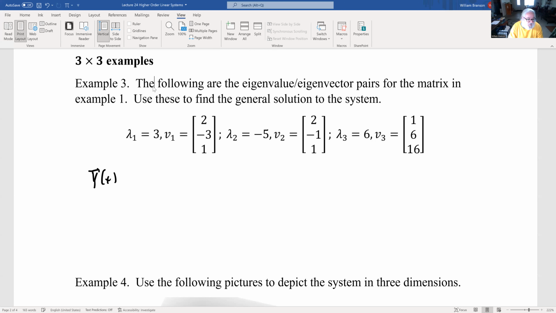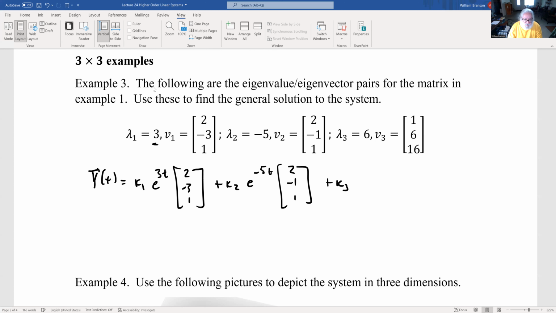Y of t will be k1 e to the 3t, that's lambda 1, times v1, 2, -3, 1, plus k2 e to the -5t, 2, -1, 1, plus k3 e to the 6t, 1, 6, 16. So the same kind of thing we did before, except now we have 3 terms instead of 2 terms. And so there's our solution.